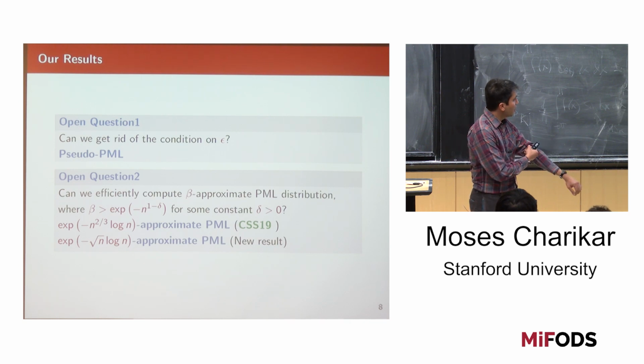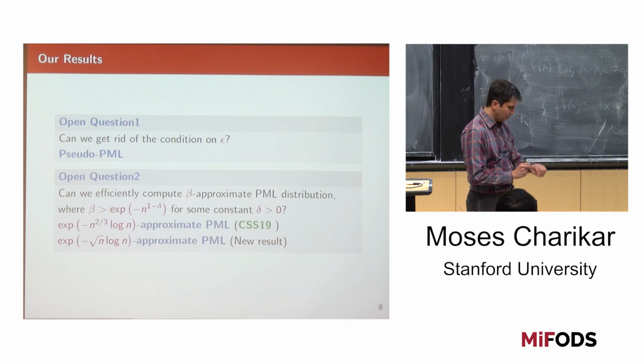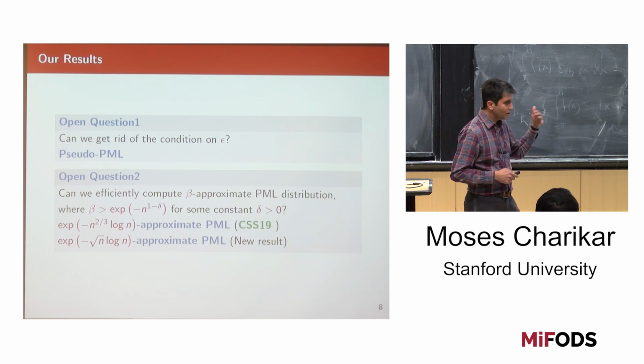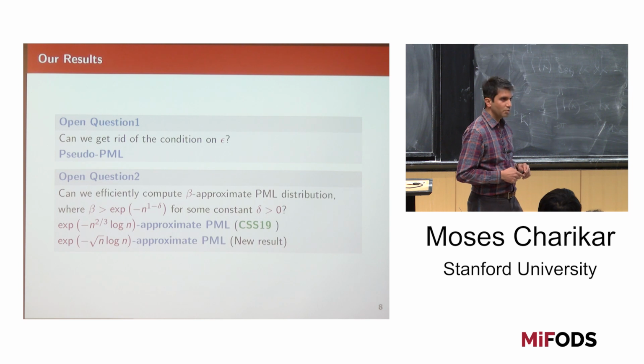I'll talk about two different results on this. One is a result that appeared in STOC earlier this year, where we gave the first provably approximate algorithm for profile maximum likelihood, and the factor that we got was exponential in n to the 2/3, roughly speaking. And I'll talk about a new result where we were able to improve this to exponential in root n.